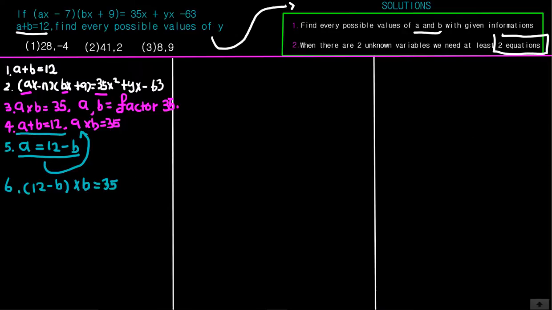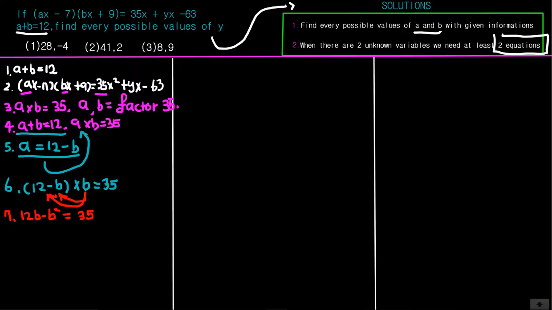Now we can use the distributive property in order to cancel out this parenthesis. And now we get, in step 7, 12b minus b squared, and that is equal to 35.